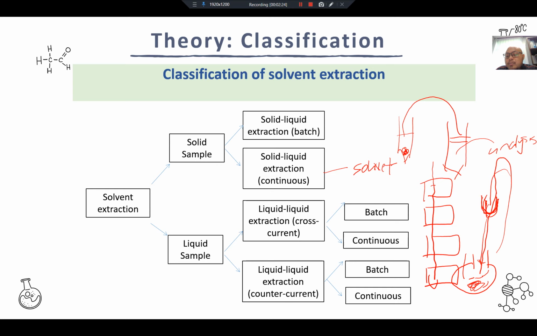If it is in a reverse manner, we call it the counter current. So we can have the batch and also the continuous extraction method. The batch can be the liquid extraction, or the other thing we can do for extraction is column chromatography, but I'm not sure if I will go into that detail. So that is the example.